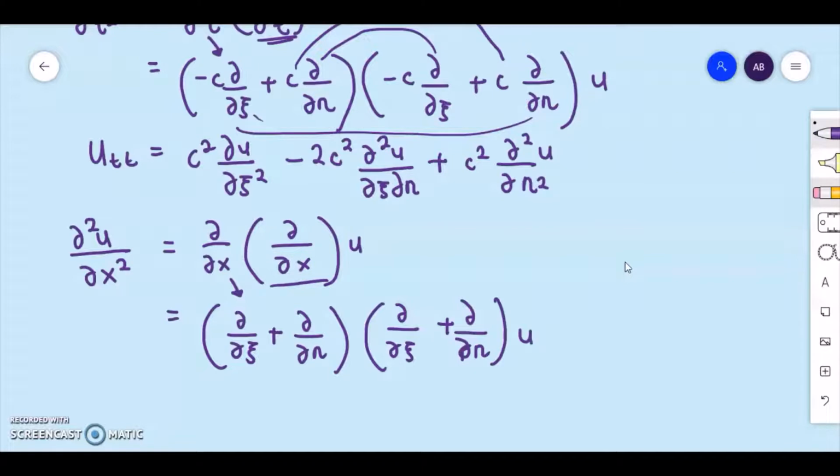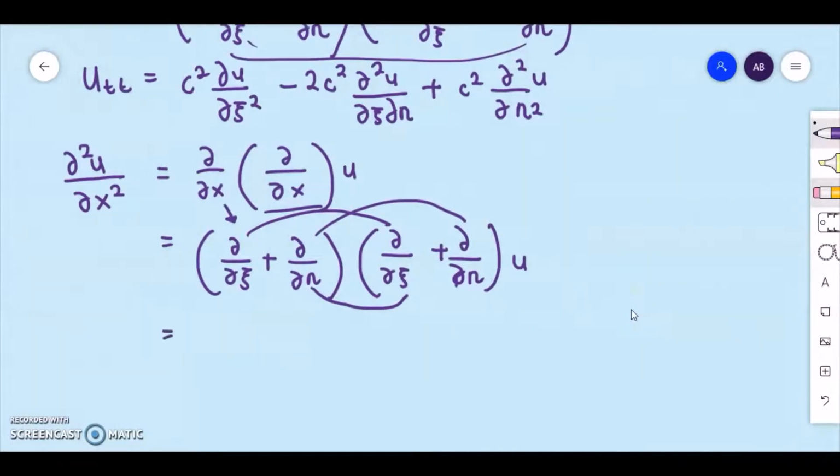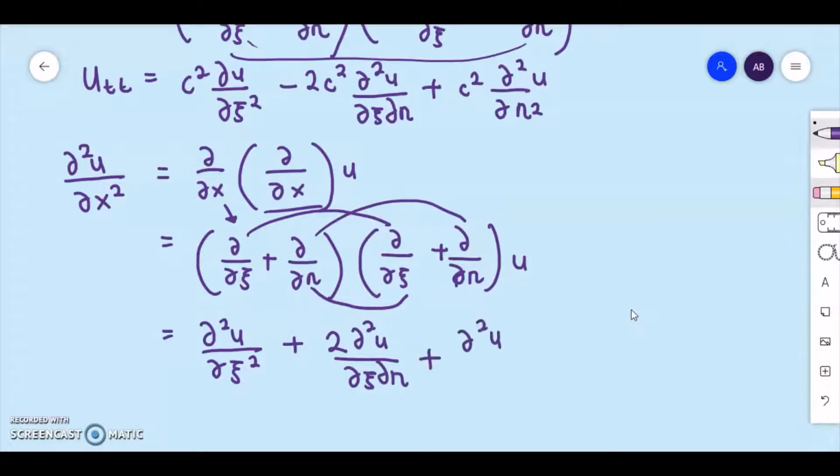With a similar approach, I have to expand and multiply the equation. So I have the second derivative: partial squared u over partial xi squared plus 2 partial squared u over partial xi partial eta plus partial squared u over partial eta squared.